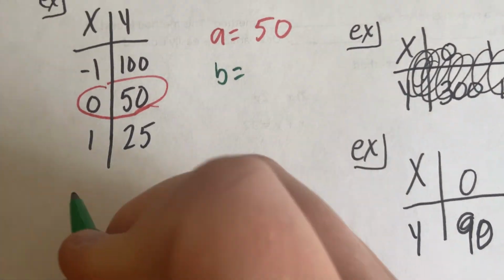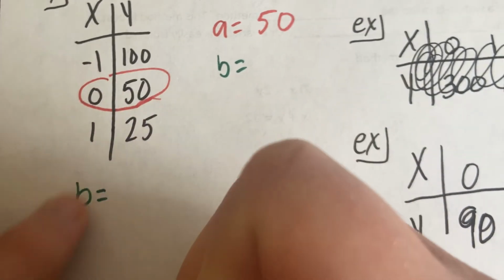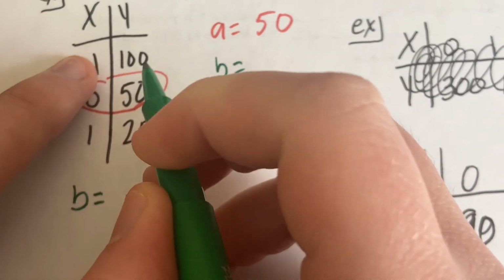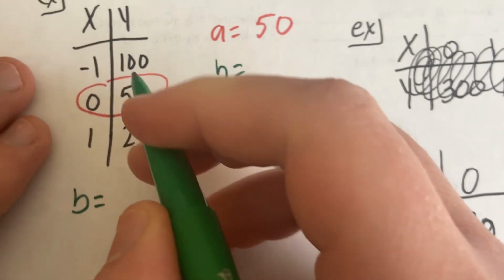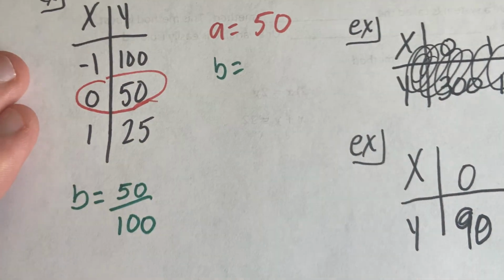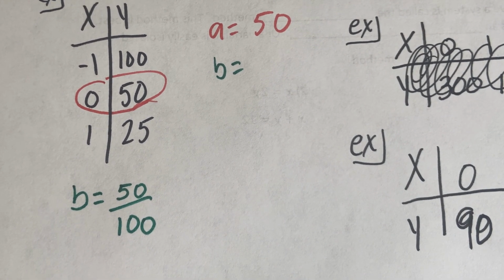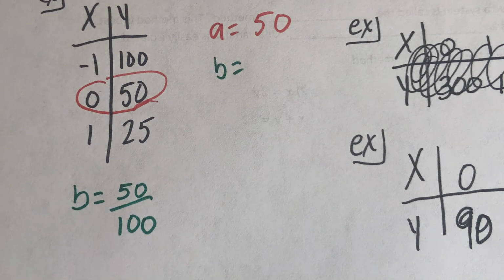B is the second number divided by the first number. So I'm going to go from here to here. If I want to know what multiplies to get from 100 to 50, I'm going to take 50 over 100. Remember, this is referred to as a multiplier. This is not a divider. You're not finding what divides to get from one number to the next, but what multiplies.